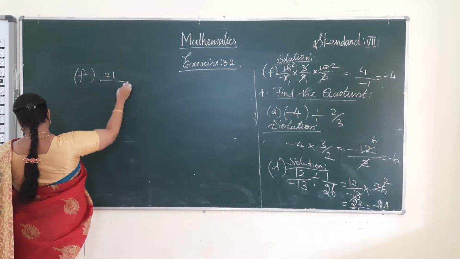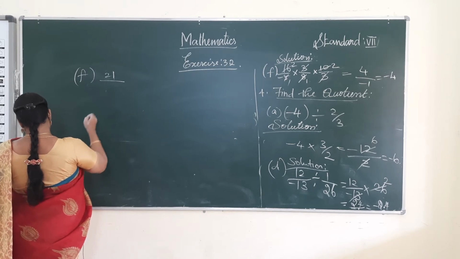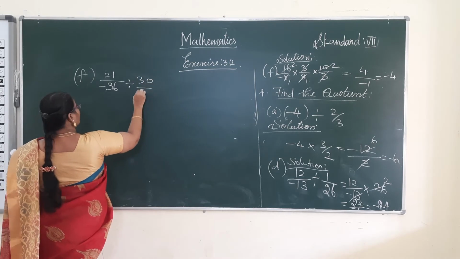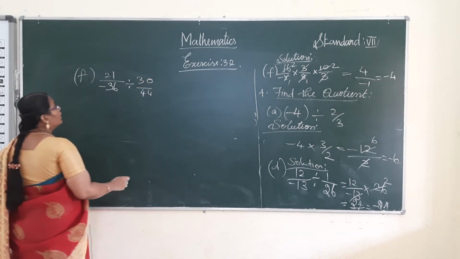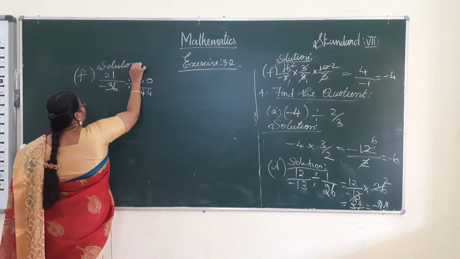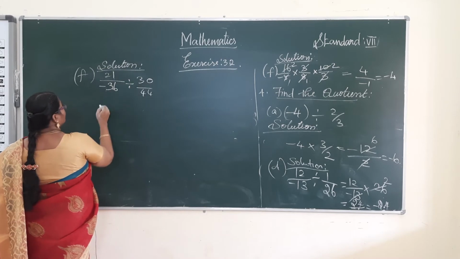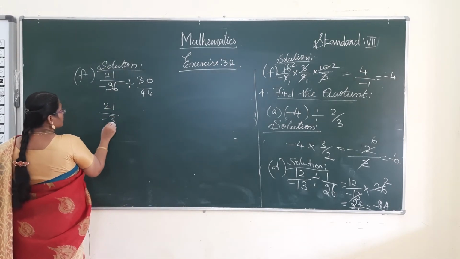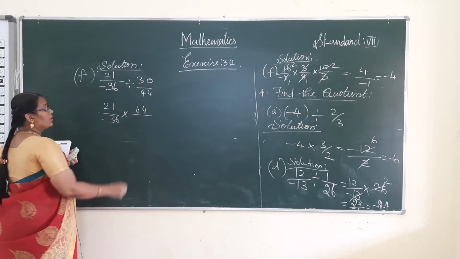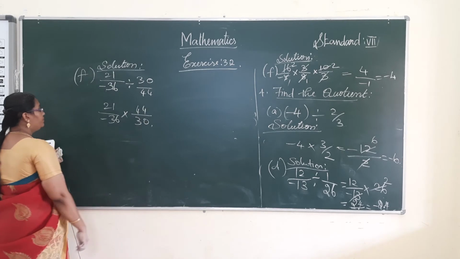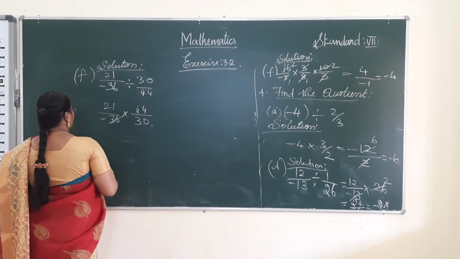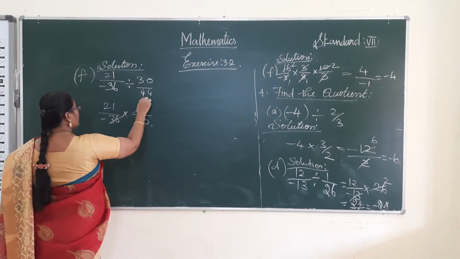And the F problem in the fourth one: 21 by minus 36 divided by 30 by 44. Solution: 21 by minus 36, change the operation, and write the next term as its reciprocal. Now it cancels in 4 table: 4 1s are 4, 4 11s are 44.